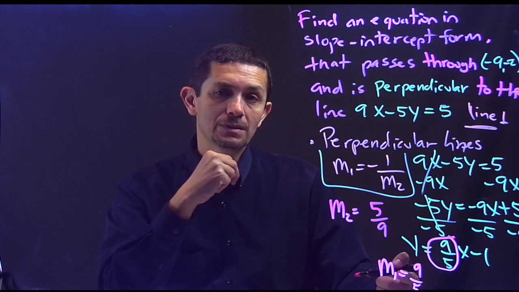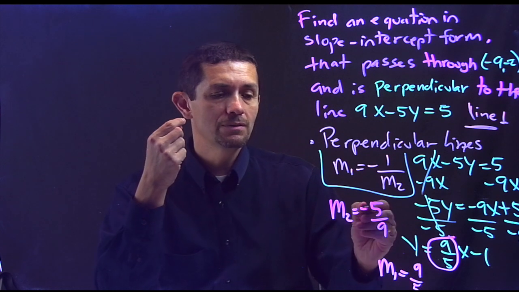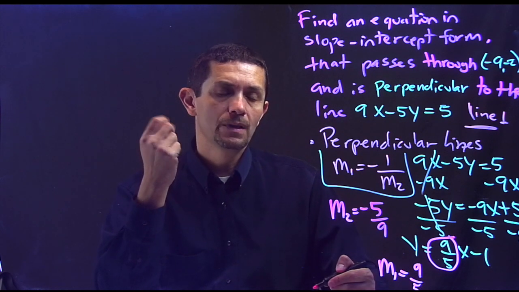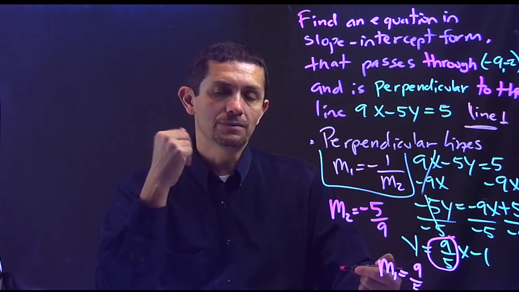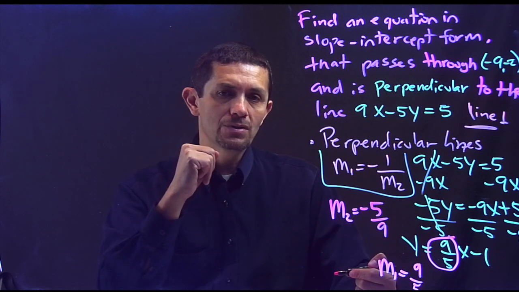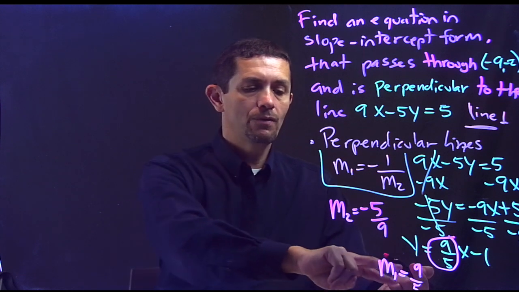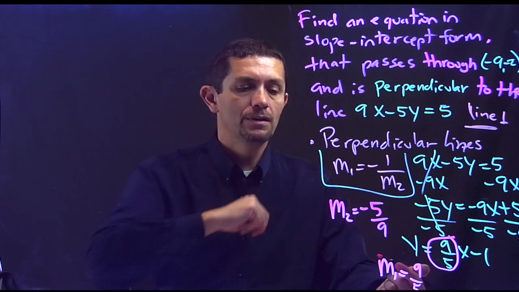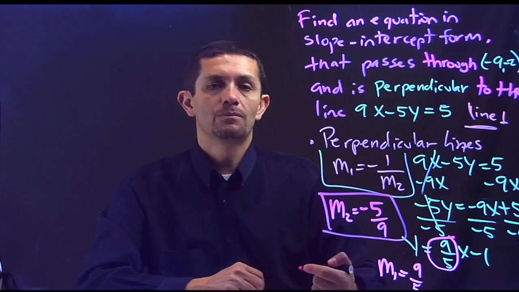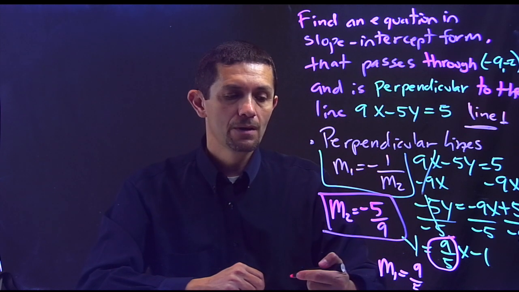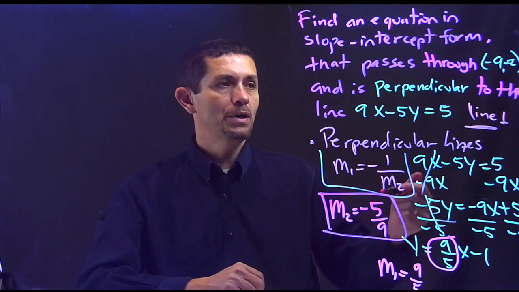Slope number 1 is positive, so slope number 2 will be negative. If it had been negative, changing the sign would make slope number 2 positive. So a negative reciprocal means flip the fraction and change the sign. Now I have slope number 2, which is the slope for my problem.